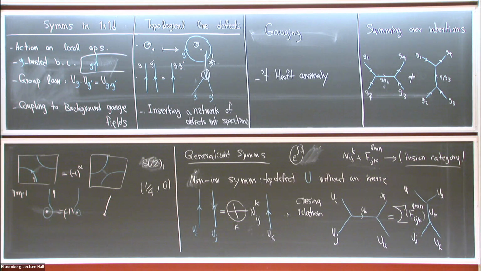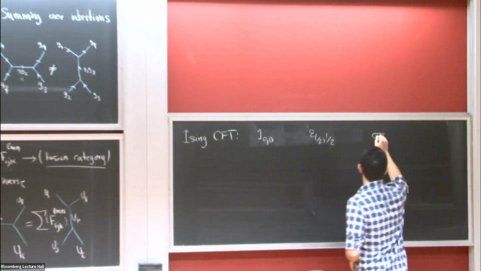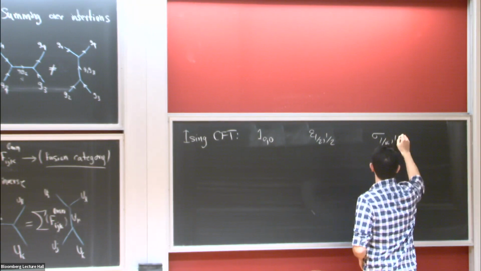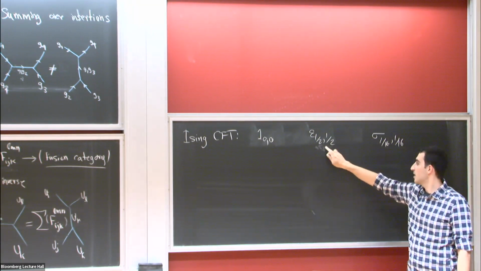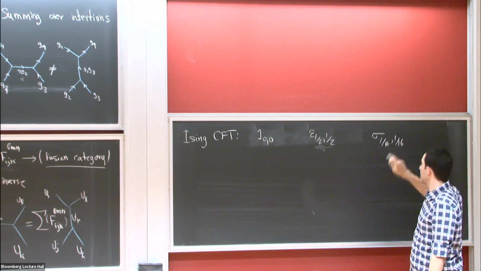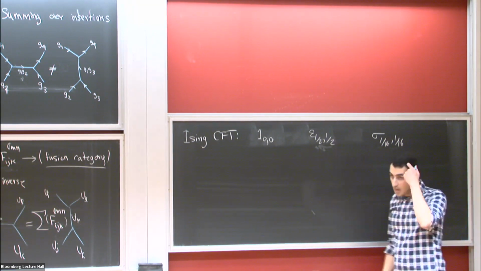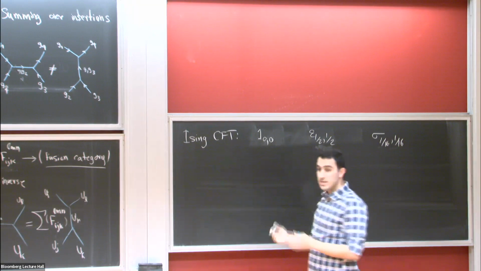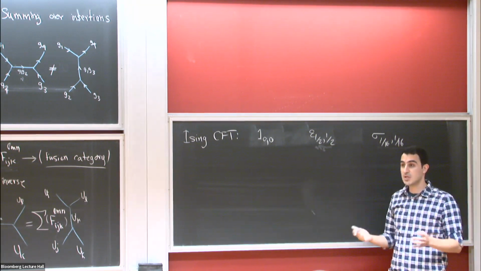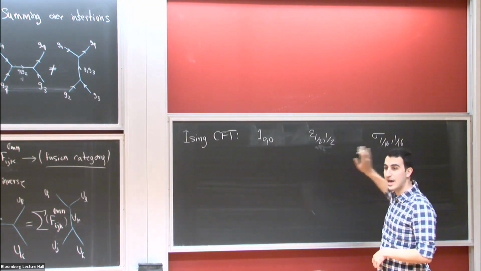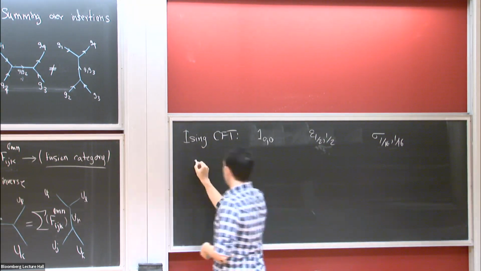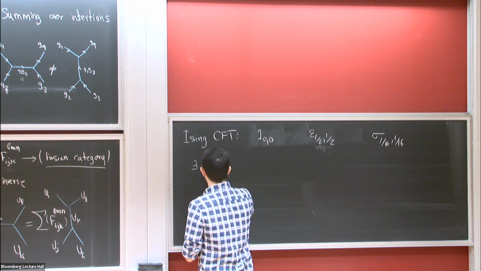The Ising CFT has 3 primaries: trivial, the energy operator with this conformal dimension, and the spin operator, right? It turns out that the Ising CFT also has 3 topological lines with the same fusion rule as this. So the identity, a Z2 line and a non-invertible line.